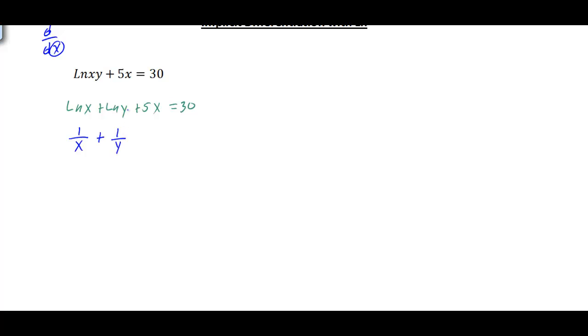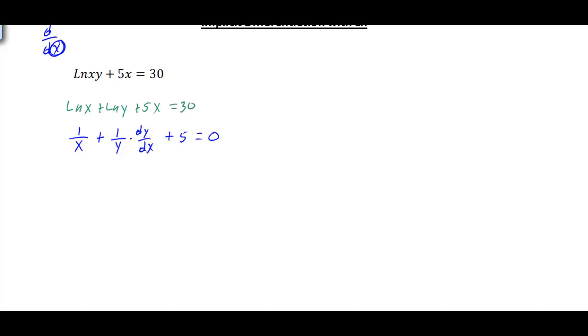But remember, we have to use the chain rule here, so we multiply this by dy/dx. We know y is a function of x, so then it's dy/dx. Then we have plus 5x, and the derivative there matches our variable x, so it's simply 5. And of course, the derivative of a constant on the other side is equal to 0.